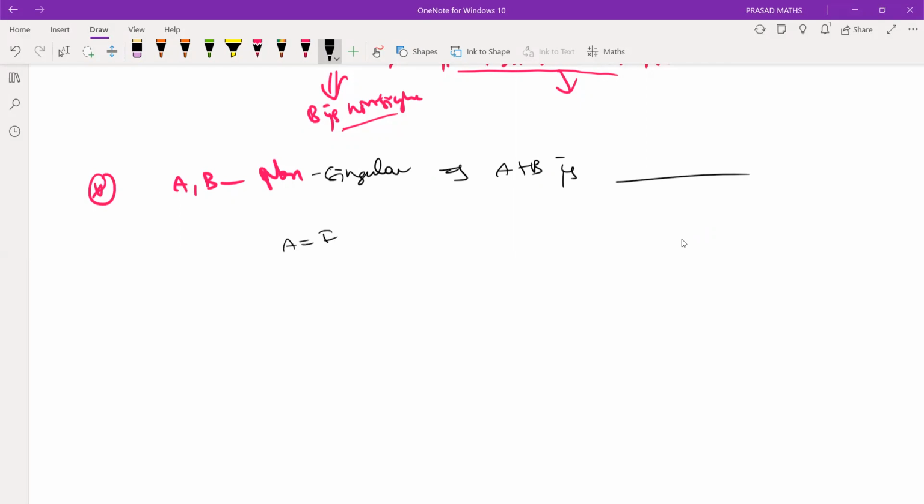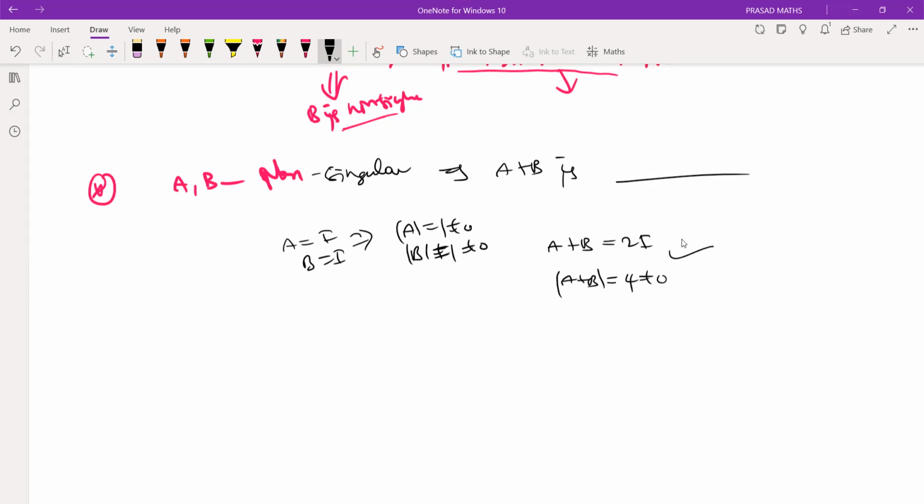Why? Because if you take A equal to the identity matrix and B equal to the identity matrix, then det A is equal to 1 and det B equals 1. So both are non-singular. But what about A plus B? In this case you get 2I, and its determinant is 4, which is also non-singular.